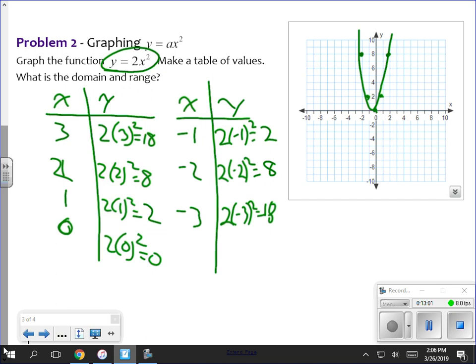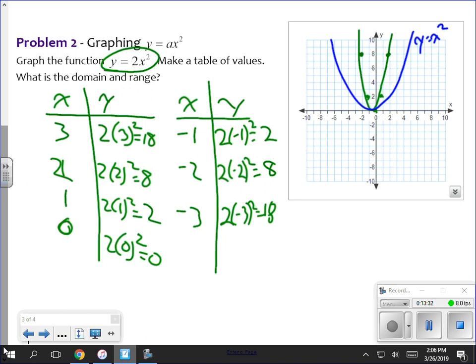Now, mine's a little off because my marker is a little off from where I'm putting it on the board. It's not lining up perfectly. Okay. That's what it looks like. If we were to do, and this is kind of important, it's kind of a foreshadowing, a regular y equals x squared, the parent function, the one we did by putting the 2 in front made it skinnier.